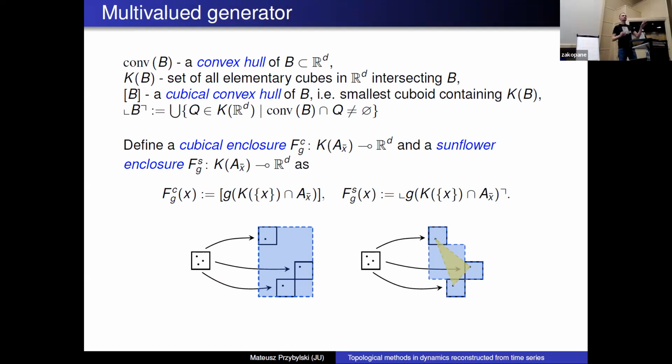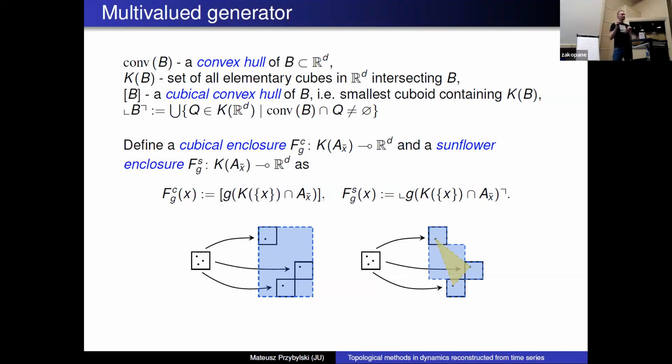We have the time series, then we create this shift map, and now we go to the part of Conley index theory. So we need to reconstruct somehow a multi-valued map. And there is a classical way of doing that.